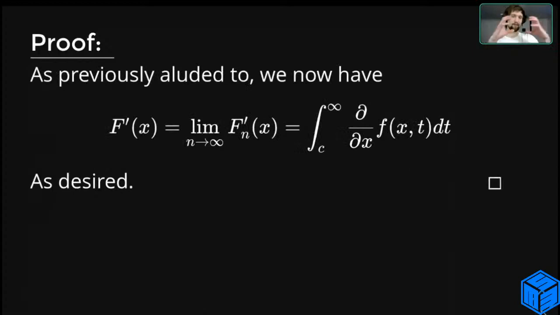It does end up in the right space. So as I say here, the derivative of big F is the limit as its term-wise derivatives go to infinity, and that gives us the integrand we so desire.